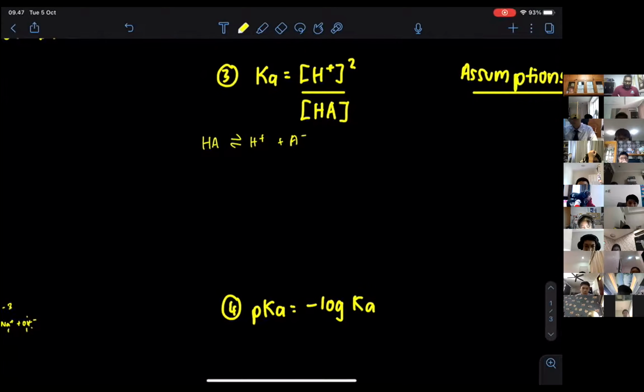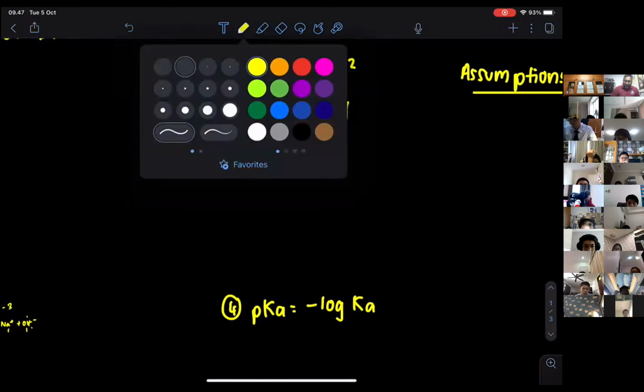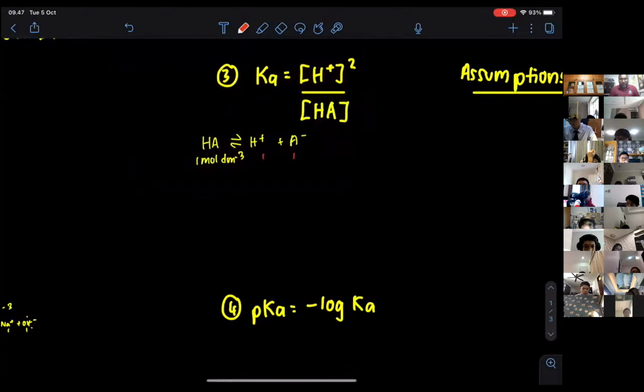It means that if you have 1 mole per dm cube, I cannot say for certain that this is going to be 1 and this is going to be 1. This is wrong. But what I can say is that the number of moles of this and this will be the same, because it is 1 to 1.